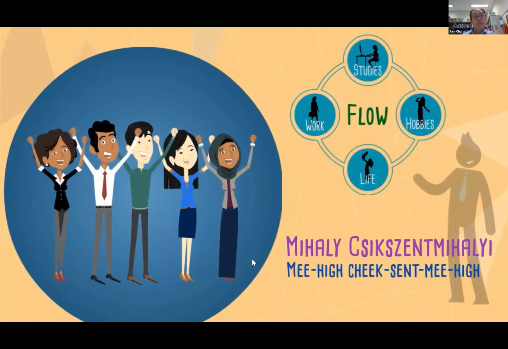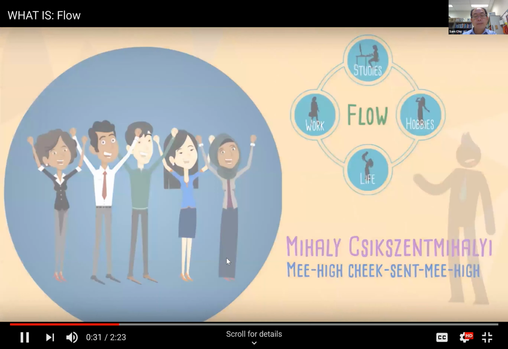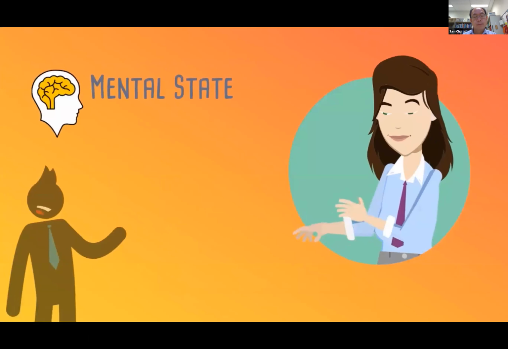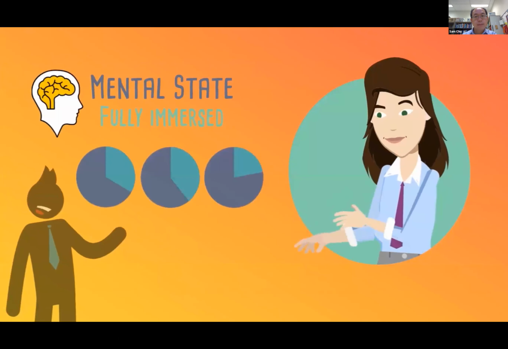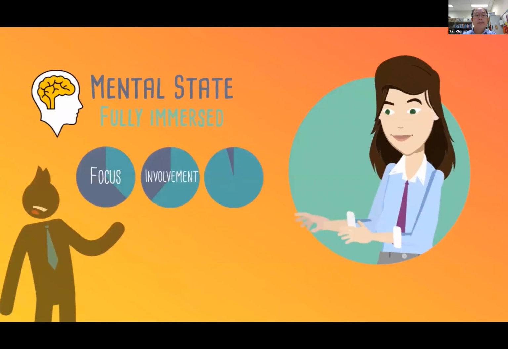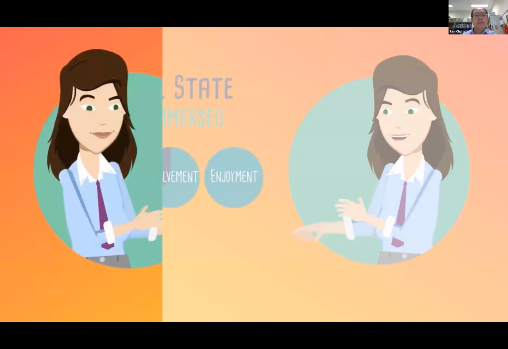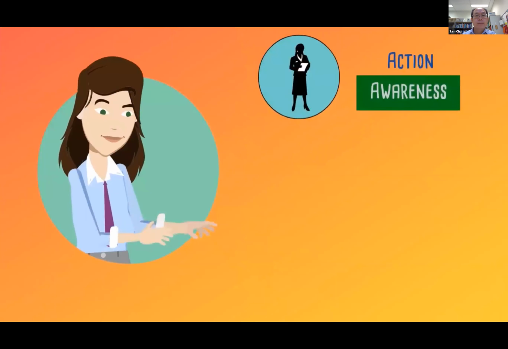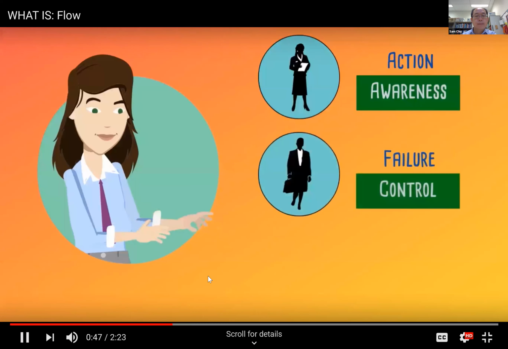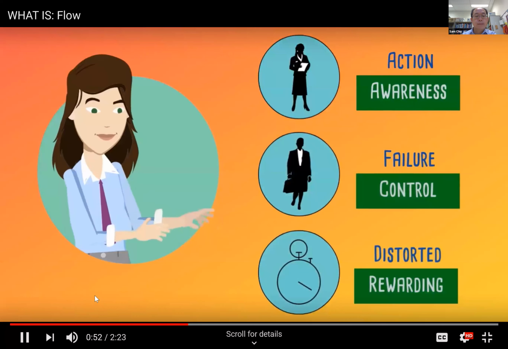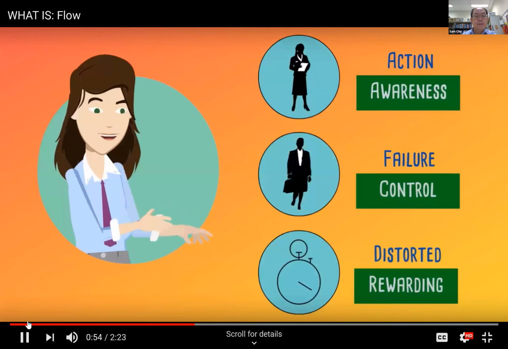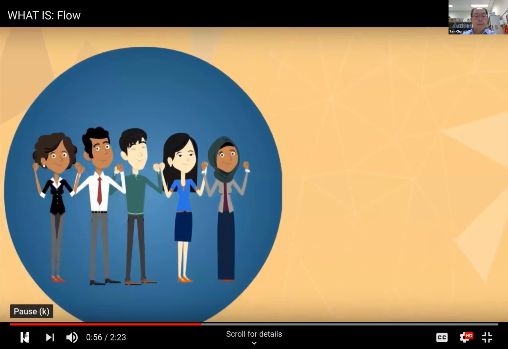How does flow work, and how can we obtain it ourselves? Csikszentmihalyi defines flow as the mental state in which a person performing an activity is fully immersed in a feeling of focus, involvement, and enjoyment. Action and awareness become merged. We have no worry of failure because we are in control, and our sense of time becomes distorted because the activity is rewarding in itself.